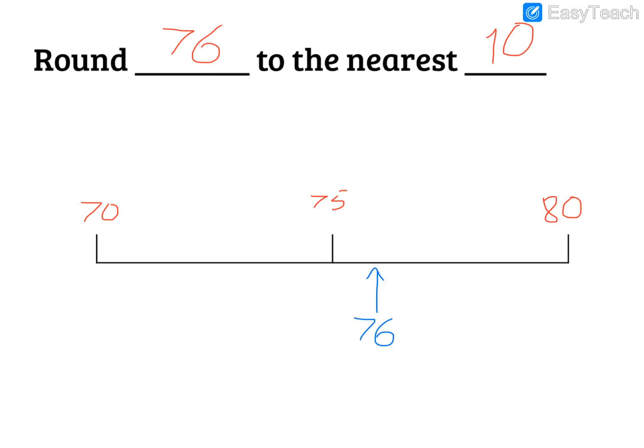When the question says round to the nearest 10, the question is asking which one of these ends of my scale 76 is nearest to. Clearly, because it's bigger than 75, 76 is closer to 80. So the answer to round 76 to the nearest 10 would be 80. Let's get rid of all of that stuff, and we'll do another couple of examples.